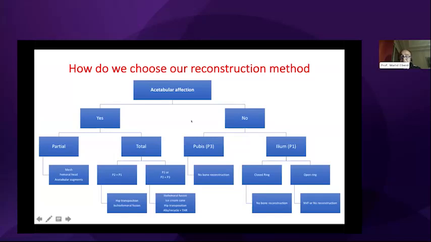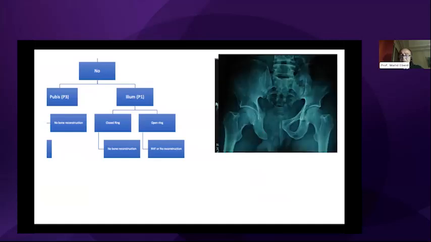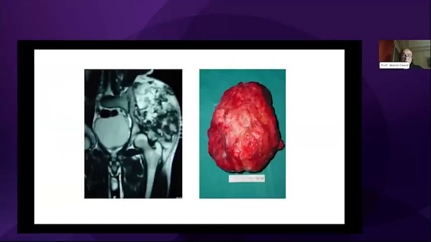If no acetabulum is resected, then we can leave the pelvis open. So when do we do hip transposition? We do hip transposition whenever we have type 1 or 2 or 2 and 3 resected. These are when we leave the pelvis open, like this.